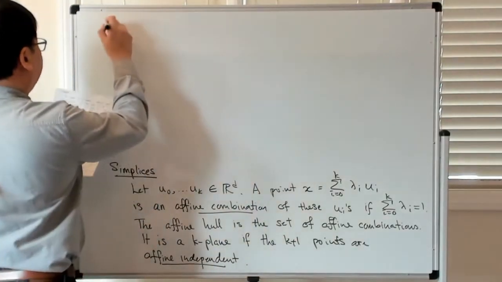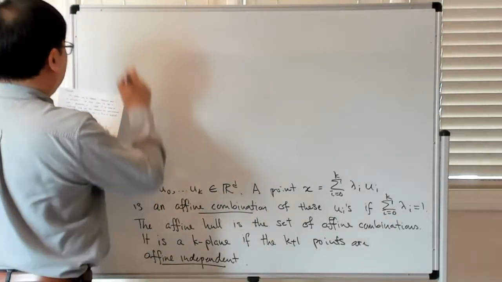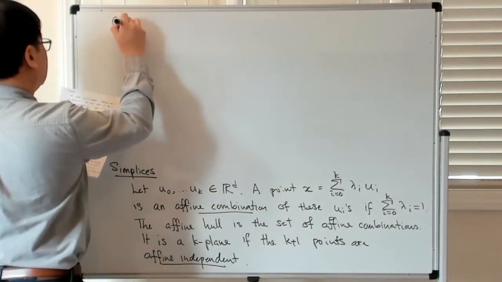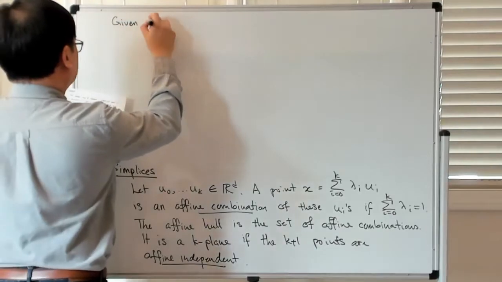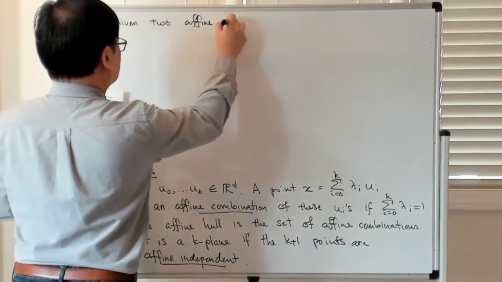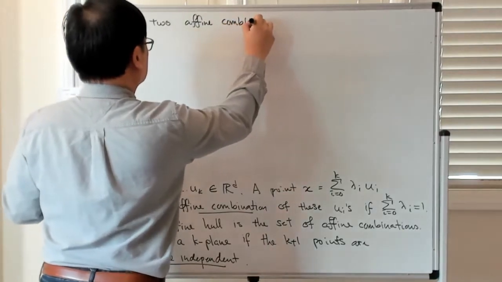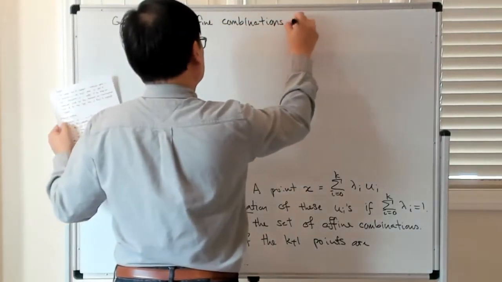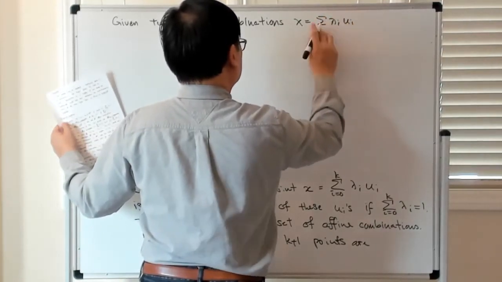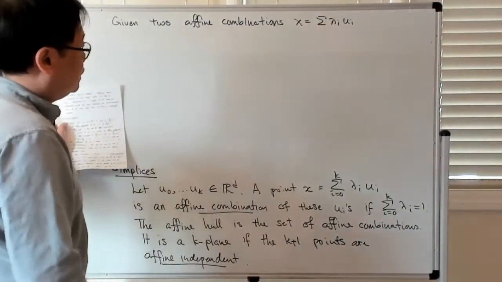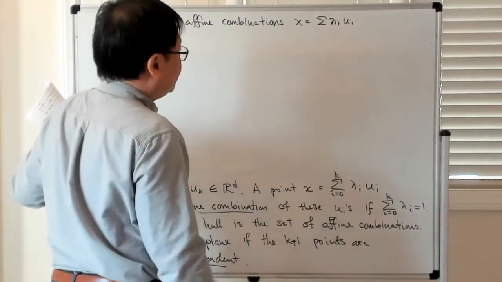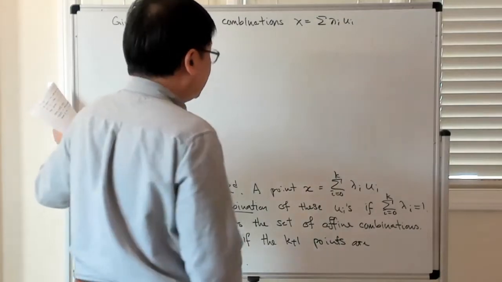So what we mean by affine independent is that, given two affine combinations, x equals the sum of lambda i ui, and y equals the sum of mu i ui, I'm going to omit the index here just for simplicity, but it's understood that I'm summing from i equals 0 to k.